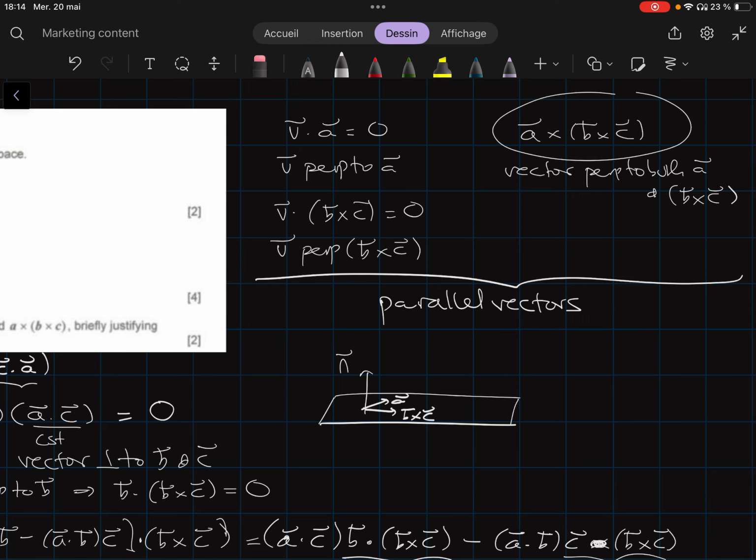We also know another vector that is perpendicular to both A and B cross C. So, say something over here, call it M. And the two vectors don't have to start here, right? It can start anywhere as long as it is perpendicular to the plane. And therefore, these two vectors are parallel. And this is the end of section A.